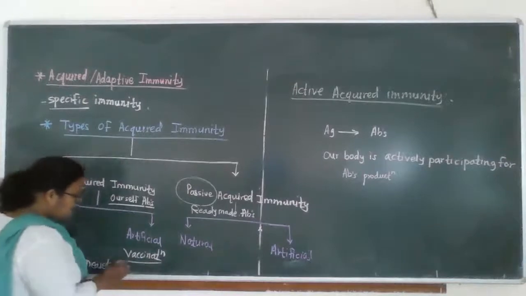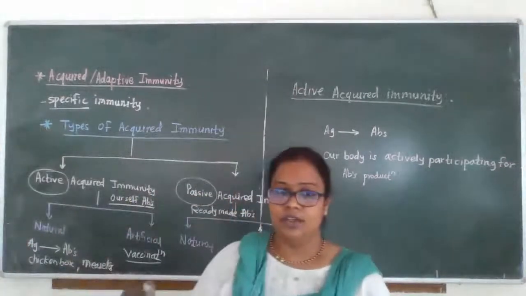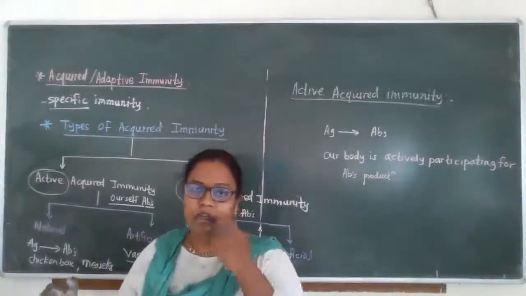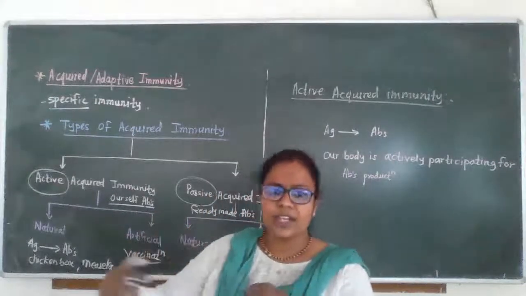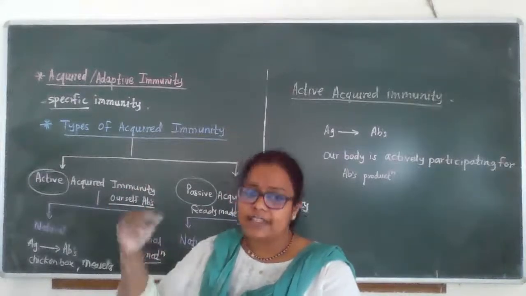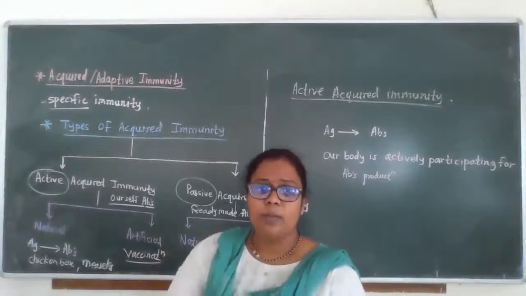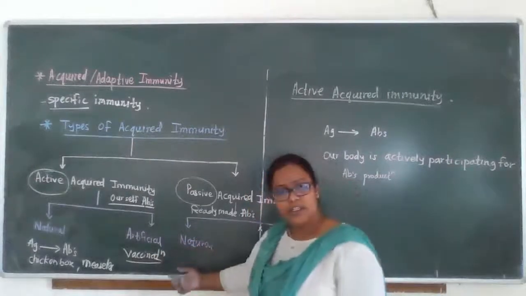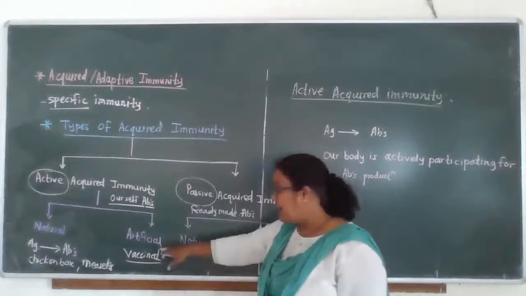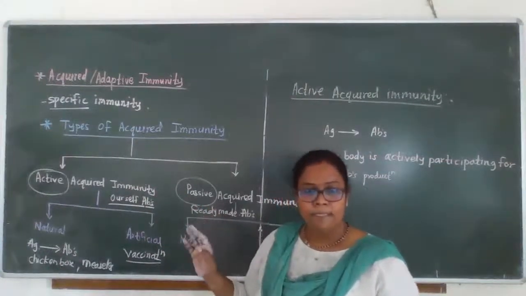During vaccination, we inject dead or very weak antigen into our body, and our body produces antibodies against it. That is artificial active acquired immunity.